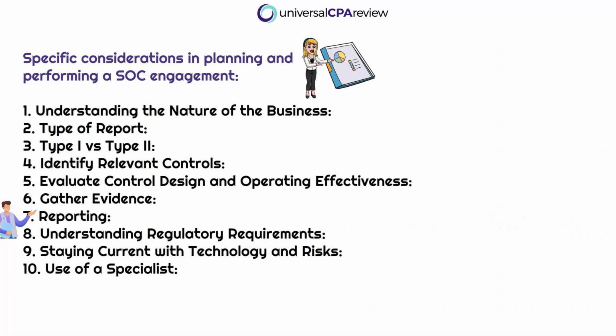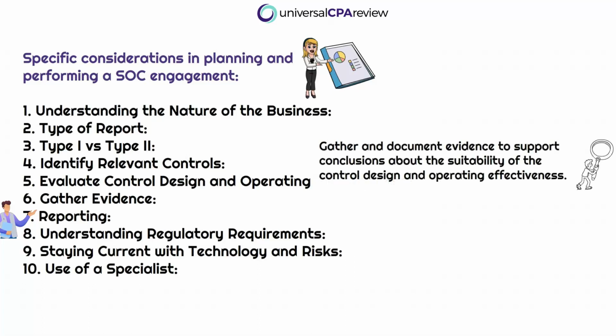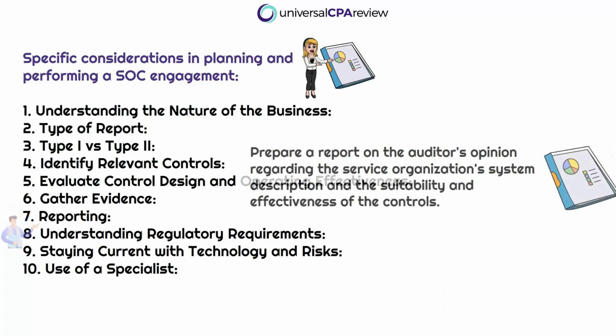Once we have determined our type of report, and we have evaluated the design and operating effectiveness if this is a type 2 report, we're going to gather more evidence. Gathering and documenting evidence to support the service auditor's conclusion about the suitability of the control design and operating effectiveness is ultimately what we need to do. And then we have reporting. Now it comes down to preparing this report.